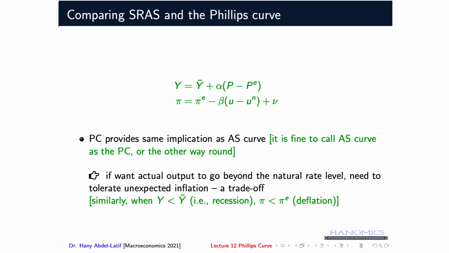It should be the other way around if we have an inflationary gap, where the actual output level is greater than the full employment output level. That means we would have an inflationary gap rather than a recessionary gap, and the actual inflation rate will be higher than the expected inflation rate, so according to this relationship, inflation will rise as a result.